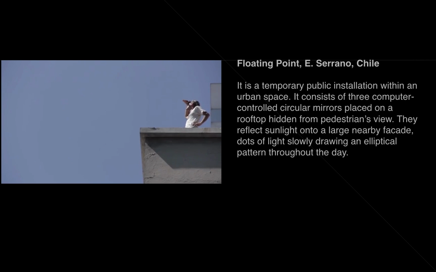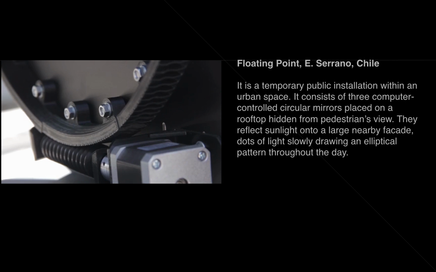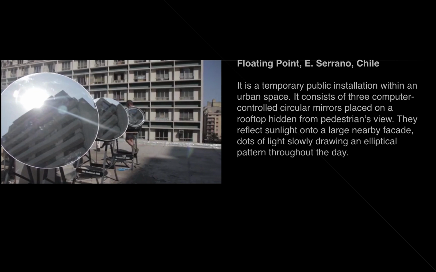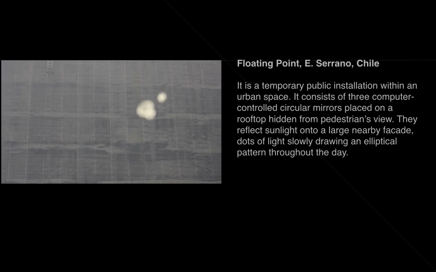They reflect sunlight onto large nearby facades, and dots of light slowly move, drawing elliptical patterns throughout the day. The next series of images shows construction and logic behind this particular project.